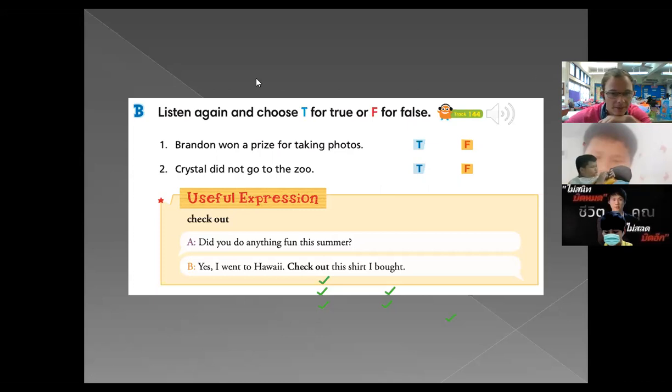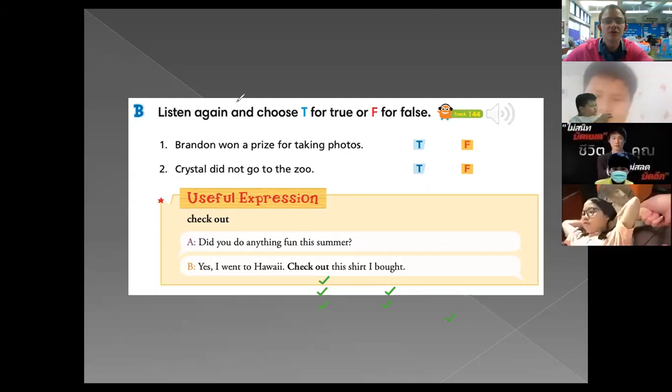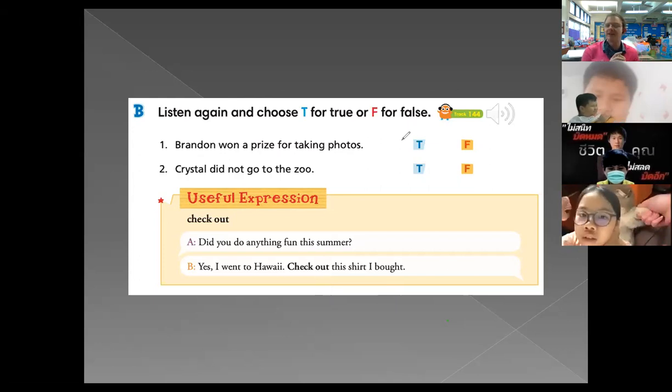Okay, so who could tell me, is it true or false? Brandon won a prize for taking photos. Did he win a prize for taking photos? True or false? Who can tell me? Let's take a guess.